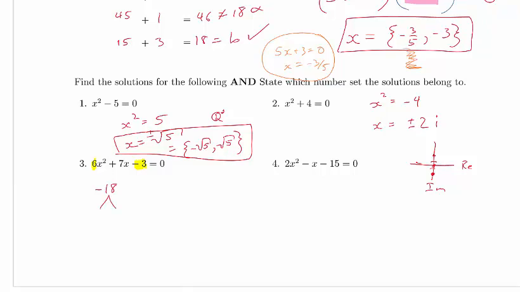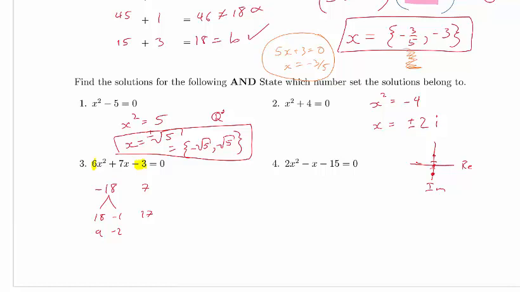And keep in mind, what we want to find is the combination of numbers that when multiplied gets negative 18, but when added gets 7. So let's start with a few. Let's start with the most obvious one. 18 times negative 1. Note that I'm putting the negative on the lower number, since when they're added together it's got to be a positive number, but when you do this you get 17, which is not what we're looking for. Another set could be 9 times negative 2. 9 times negative 2 is negative 18.